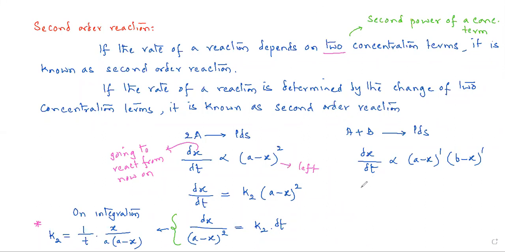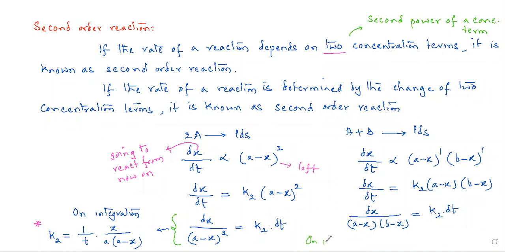Okay, so this can be written as dx by dt is equal to k2 into A minus x into B minus x, dx by A minus x into B minus x is equal to k2 into dt.